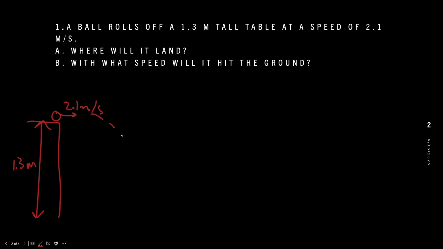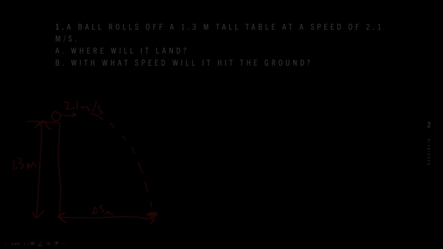Then we could draw dashed lines for its path. And then in part A, when it asks where will it land, it's asking how far from the base of the table will the ball be when it's finished moving, so over here. So we could draw a line like that and label it delta Sx.